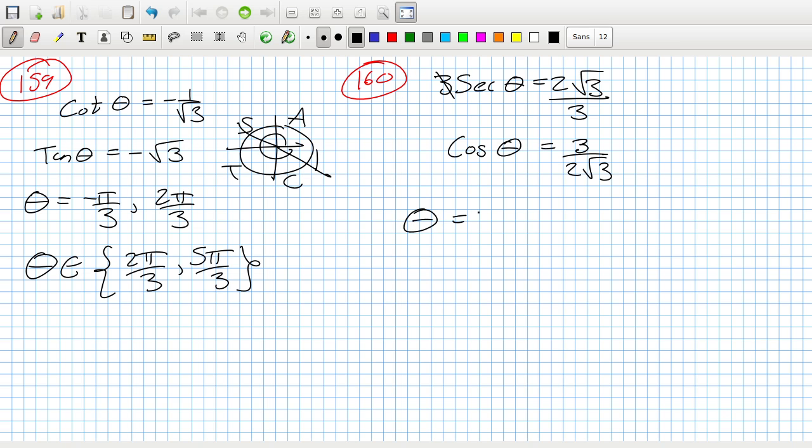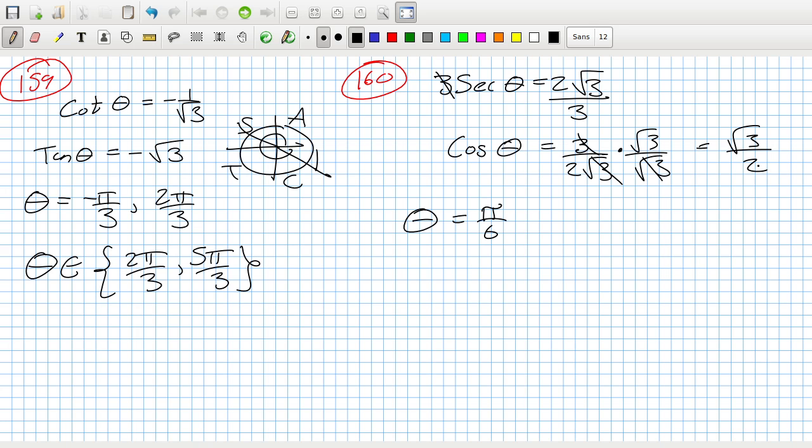So that gives me theta as, if I arc cos now, that's pi over 6. I can simplify this if I multiply above and below by root 3. Those will cancel with that, and I'll just get root 3 over 2. So it should be clearer that it's pi over 6.